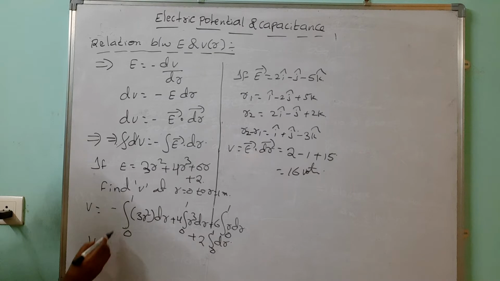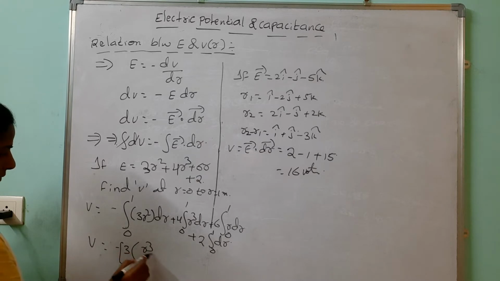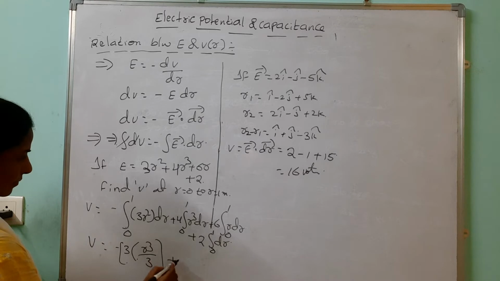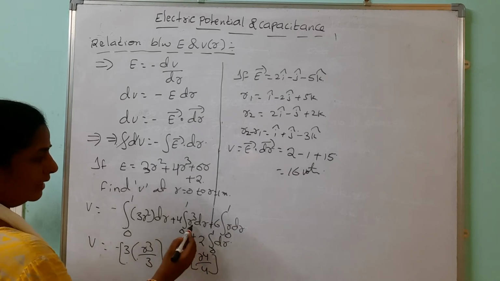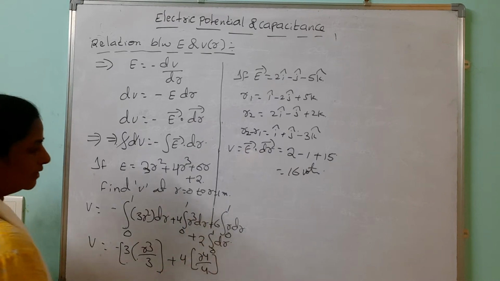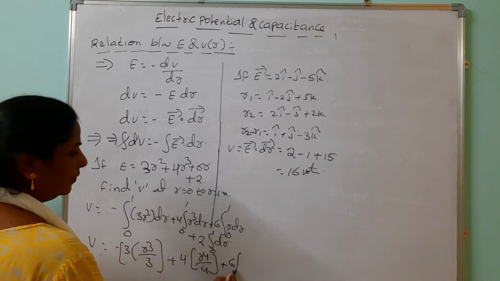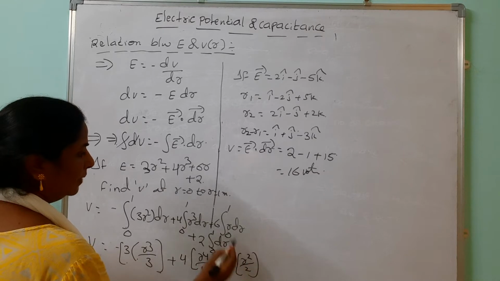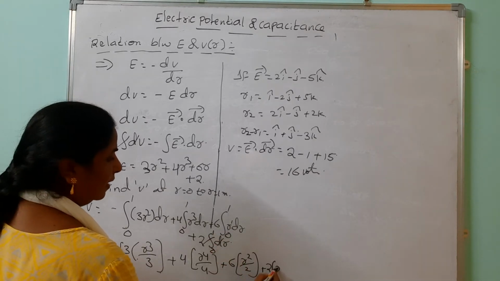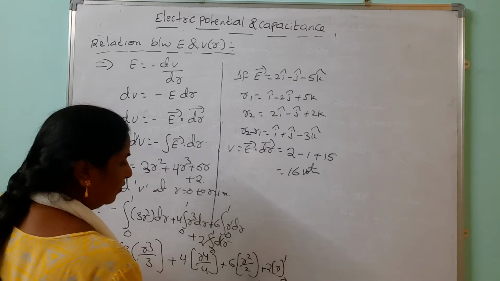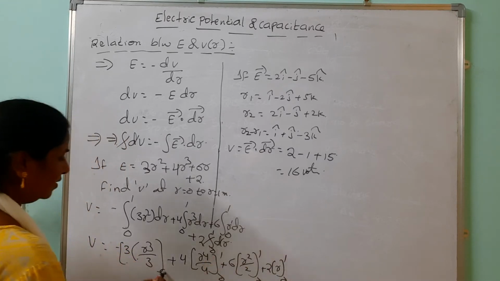So V equals 3 into R cube by 3 plus 4 into R to the power 4 by 4, because integration of R to the n is R to the n plus 1 by n plus 1, plus 6 into R square by 2, plus 2 into R, all with limits 0 to 1.